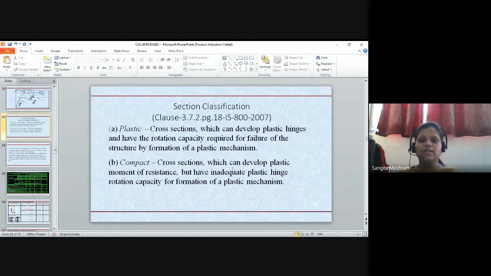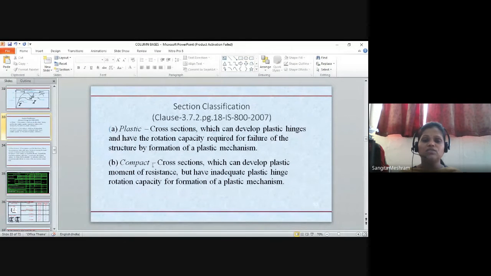Then compact, which can develop the plastic moment of resistance. There is a moment capacity, and there is also the plastic moment of resistance, Mp, related to this. In a compact section, it develops the plastic moment of resistance but has inadequate plastic hinge rotation capacity.